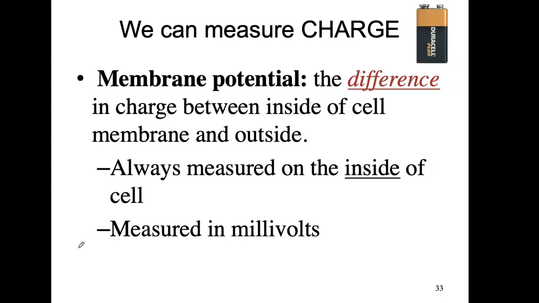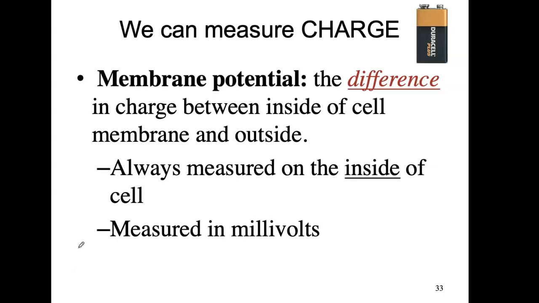We can measure when there's charge, when there's electricity in something. And so what we're measuring then is a difference between location A and location B. And when there's a difference in charge between those two locations, we call it a membrane potential. So in speaking of cells, the charge between the inside of the cell and the outside of the cell has a potential because the number of positive ions inside and out is not equal.